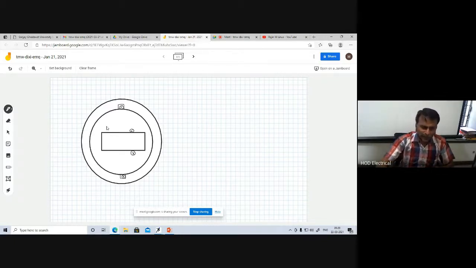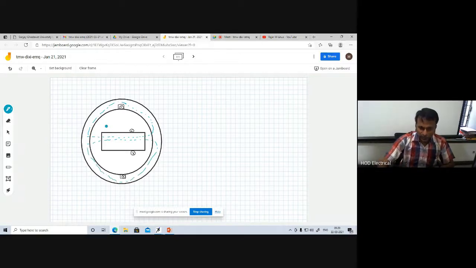If we excite the rotor, magnetic flux will start to flow like this, entering the stator slot and coming to here. Similarly, another magnetic flux density line will move to here.